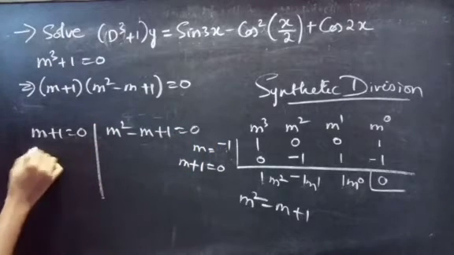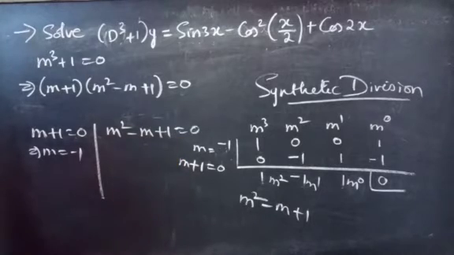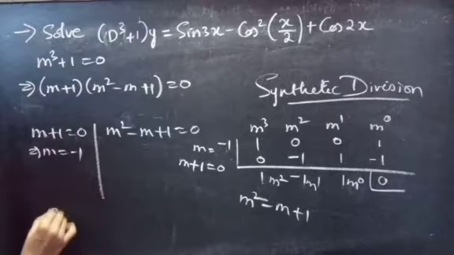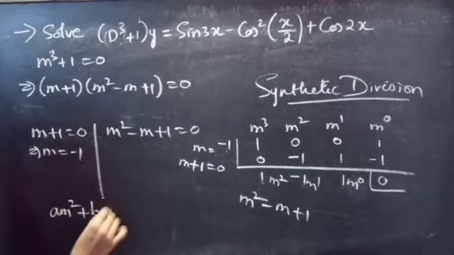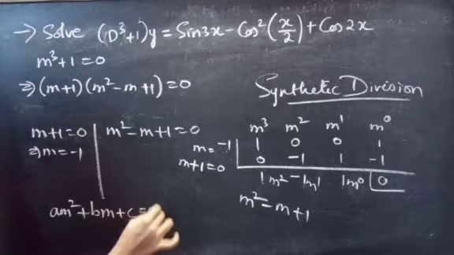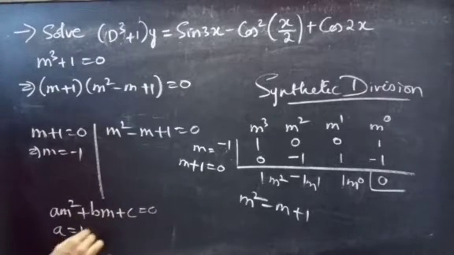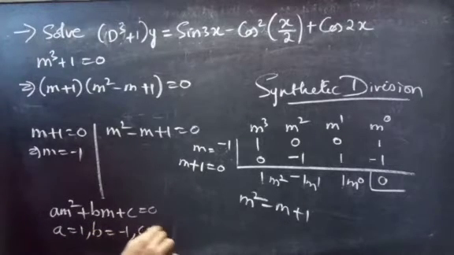From m plus 1 equals to 0, we'll get m equals to minus 1. From this equation, just compare this equation with the quadratic equation am square plus bm plus c equals to 0. Then for comparing these two equations, we'll get a equals to 1, b equals to minus 1, c equals to 1.